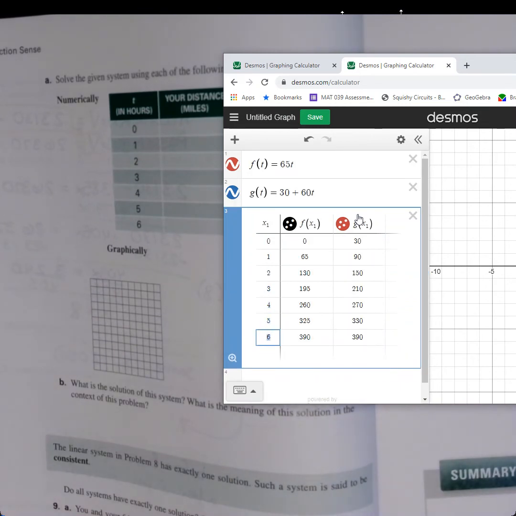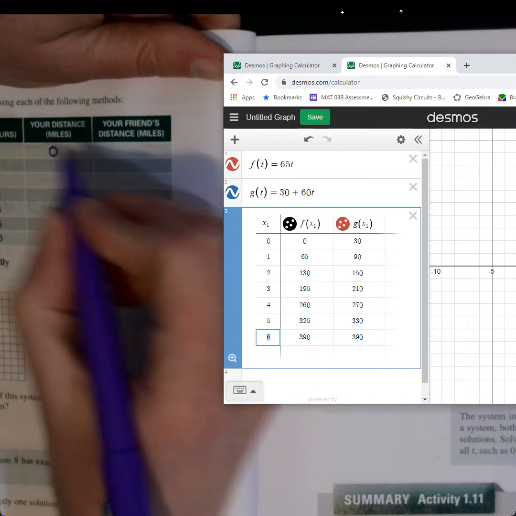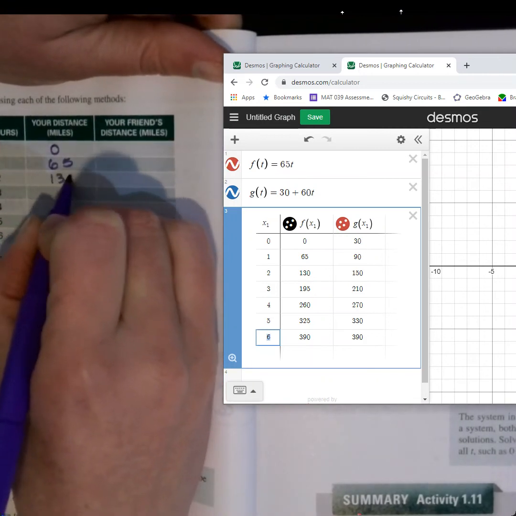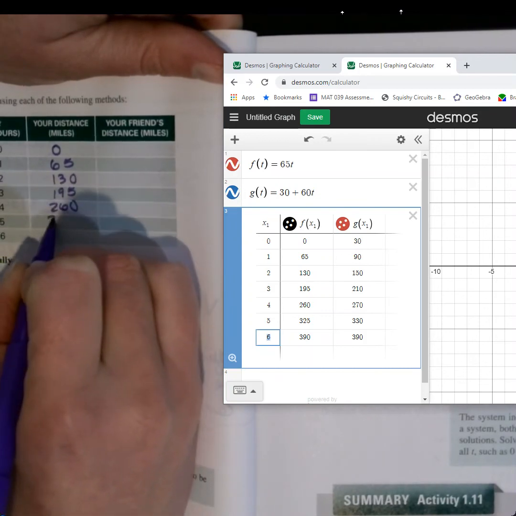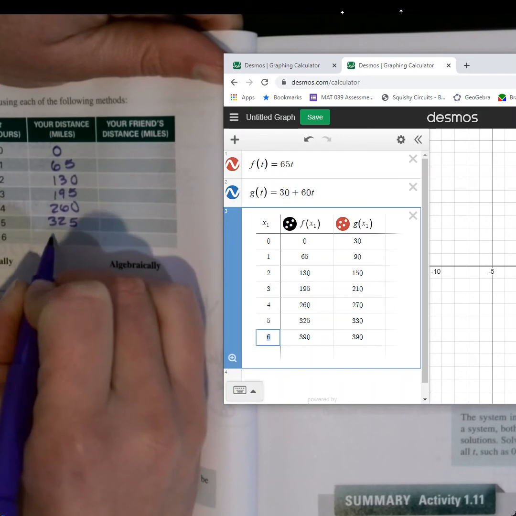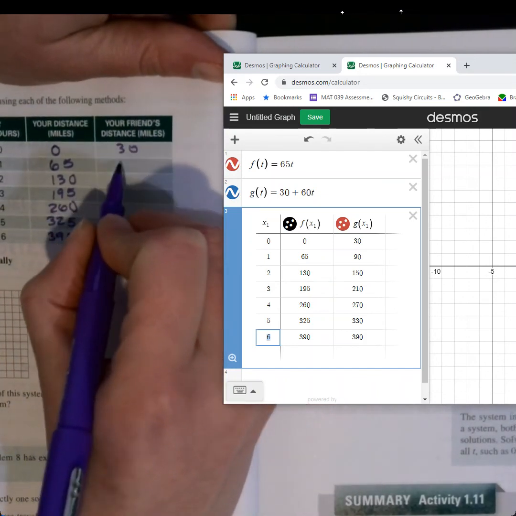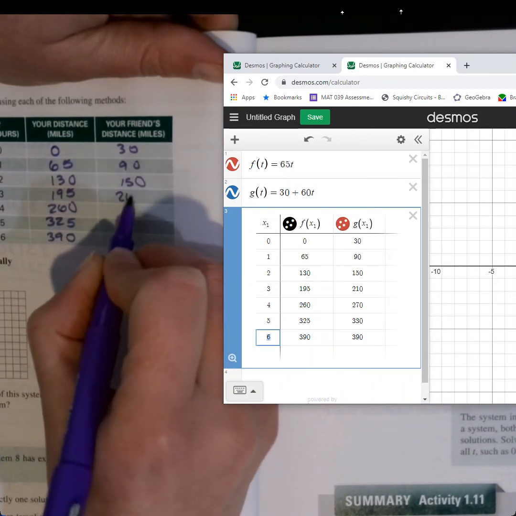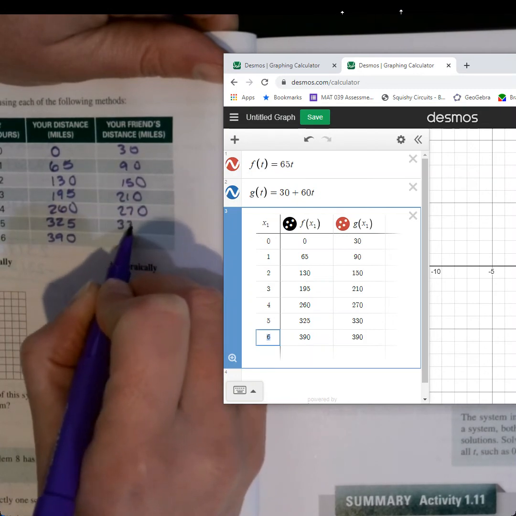Okay, so let's fill these in on our chart here. I'm sure you're writing as well, so I'll keep it rolling so you don't have to pause. We've got most of these filled out for our distance. All right.